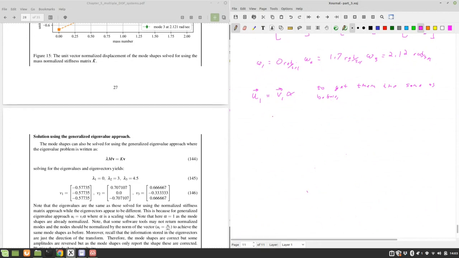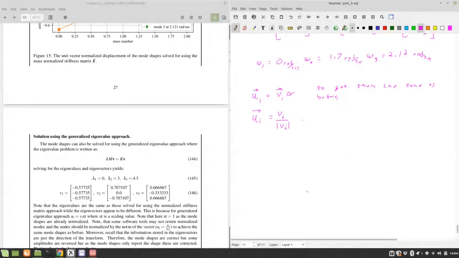So let's write it like this: U of I vector is equal to V_I over the norm of V_I, and that's the three-dimensional norm of that vector, right?